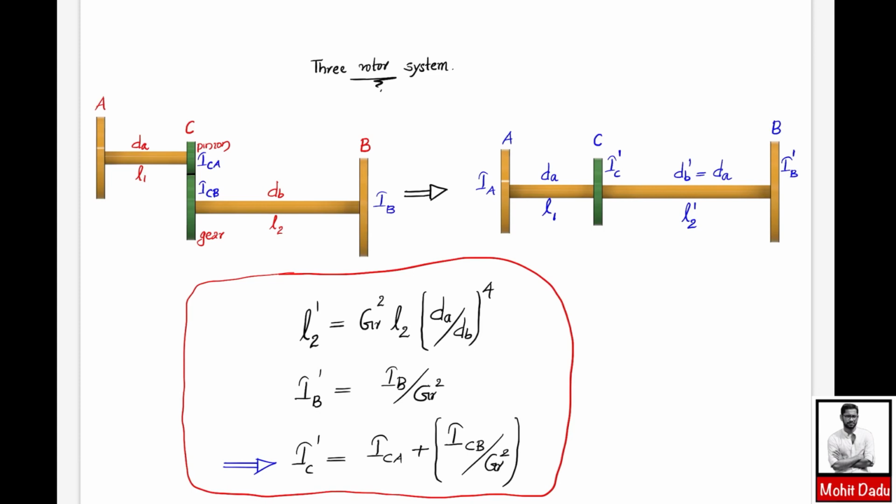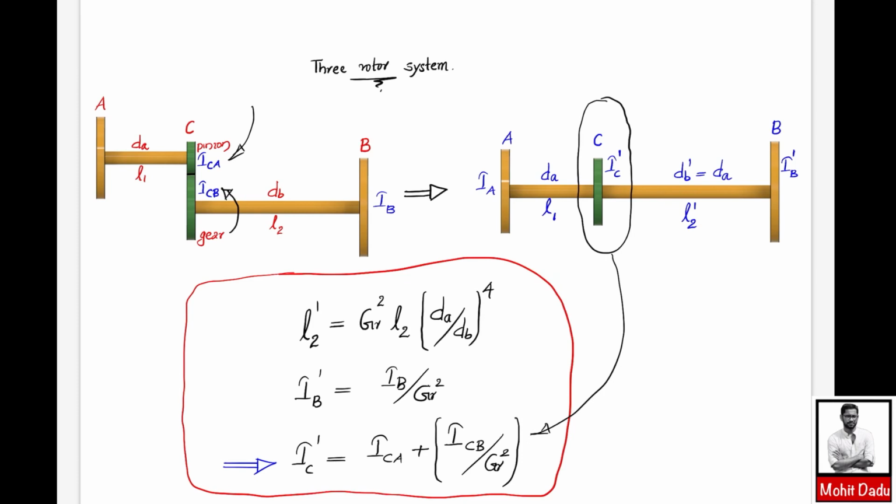And here the only difference is I_C dash, where we consider the mass moment of inertia of the pinion and gear. If the mass moment of inertia of the pinion is I_CA, and the mass moment of inertia of the gear you are calling I_CB, then the equivalent mass moment of inertia of the rotor corresponding to the geared elements will be I_C dash, and that you can evaluate using the expression I_CA plus I_CB divided by gr square.